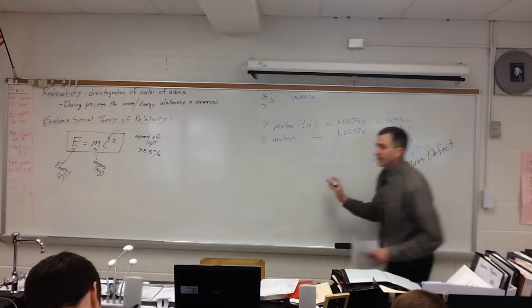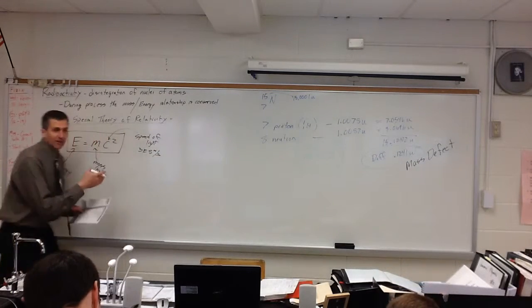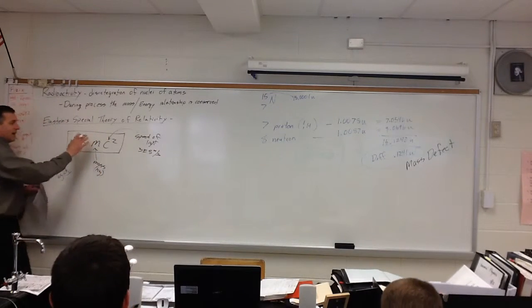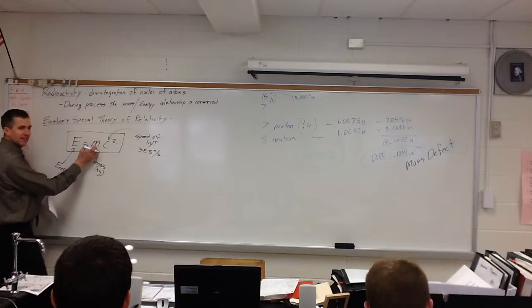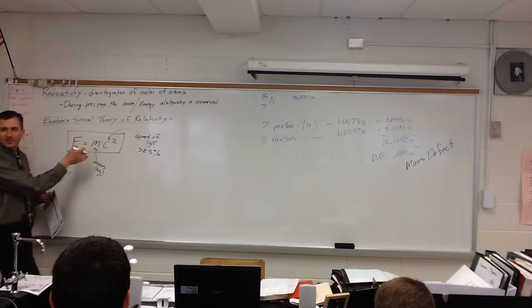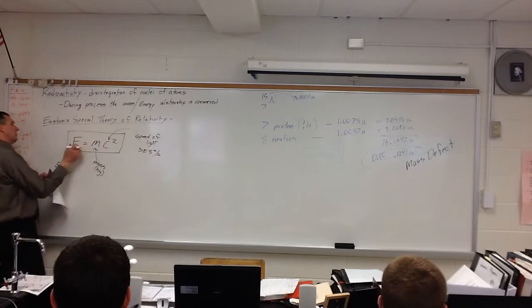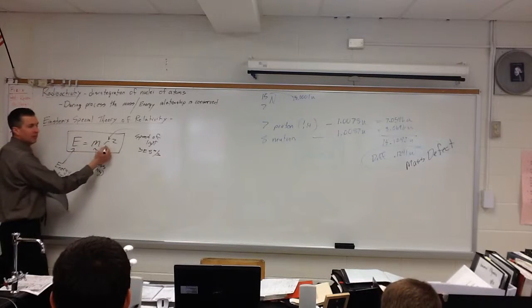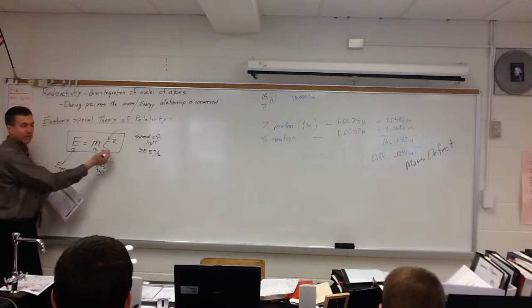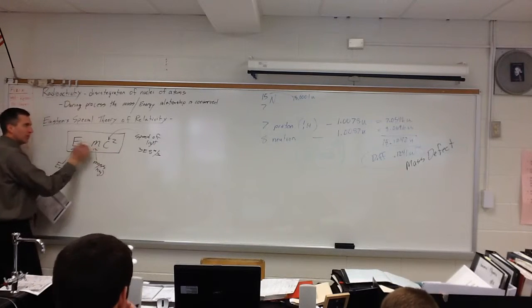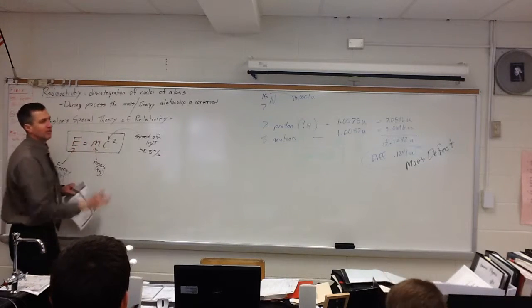Now what Einstein said, back to Einstein, that's where we're going here. Einstein said that mass is the same thing as energy. They're not equal. Like this number on this side is not the same number as this number on this side because you got to multiply this side by the speed of light squared. But when you do that, then it will come out equal. So they're equivalent to each other.